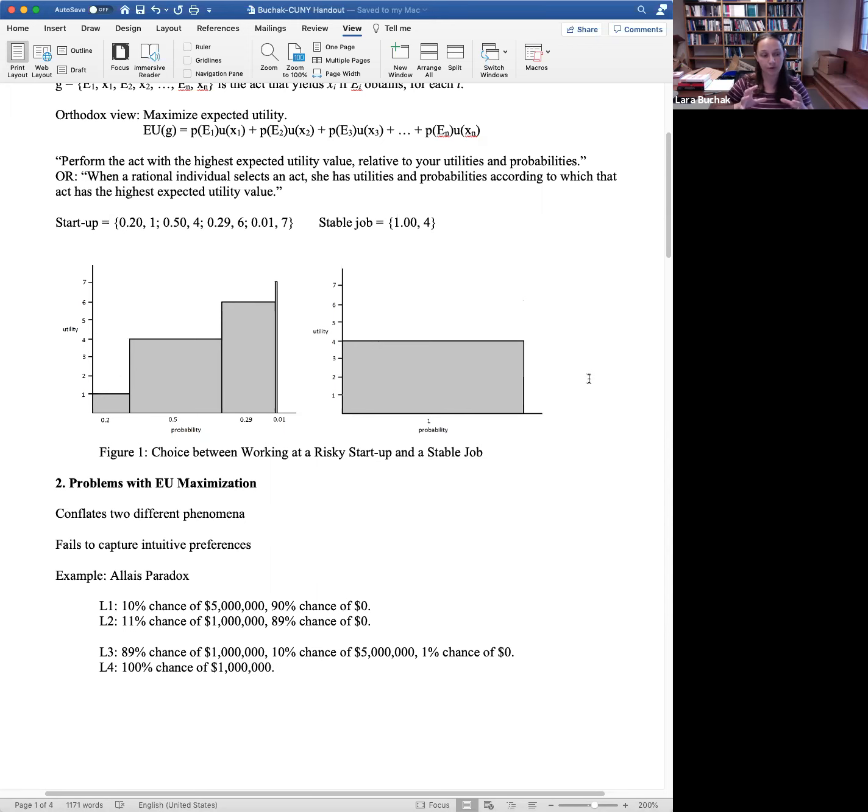So both of these people will prefer 1 cup of coffee to a coin flip between 0 and 2. Therefore, according to expected utility maximization, they must have a utility function that diminishes marginally in coffee cups. It must be that the utility difference between 0 and 1 cup of coffee is greater than the utility difference between 1 and 2 cups.